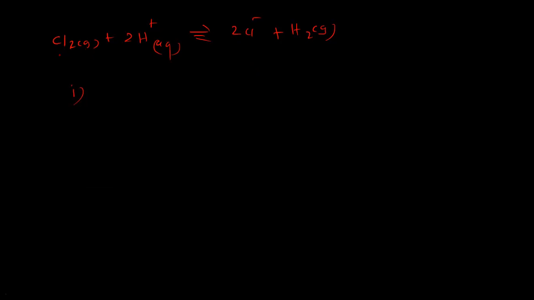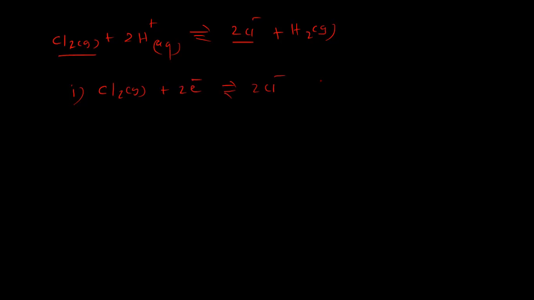See now, conversion of chlorine gas to chloride ion. How is it possible? Chlorine gas to chloride ion. So we have to write the separate reaction now here. So chlorine gas reacts with two electrons and there is a formation of two chloride ions.